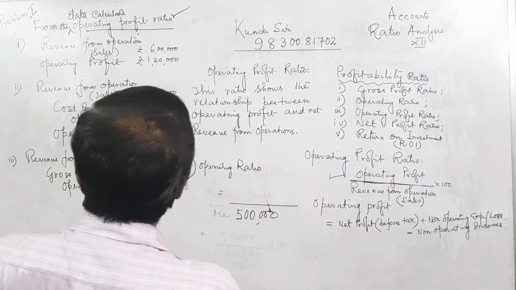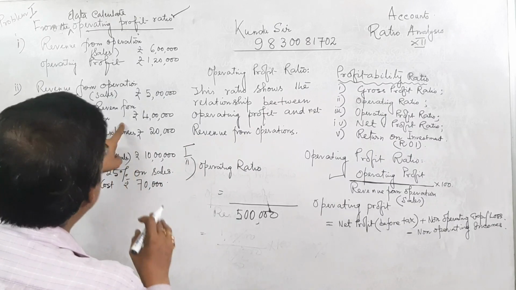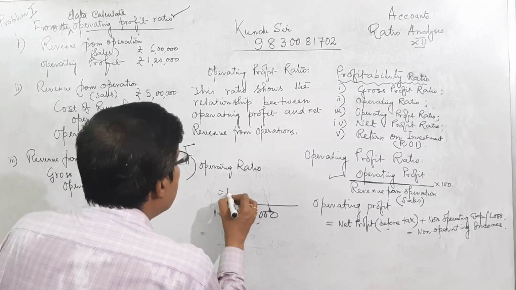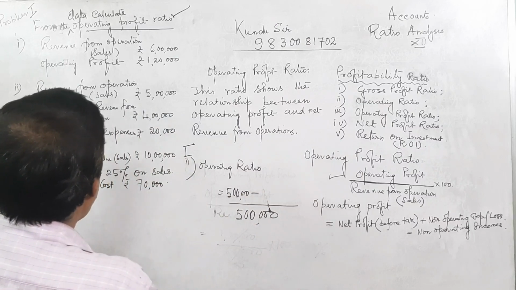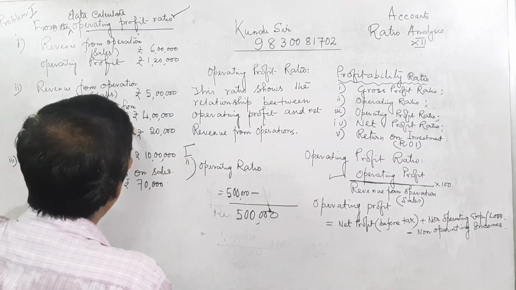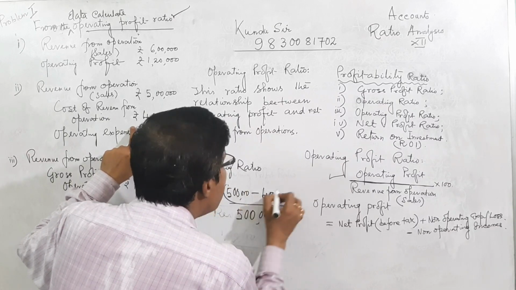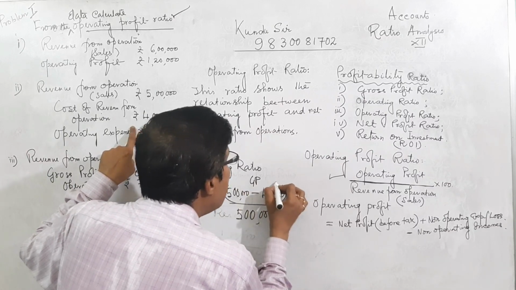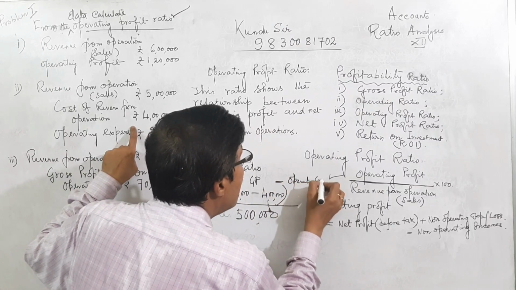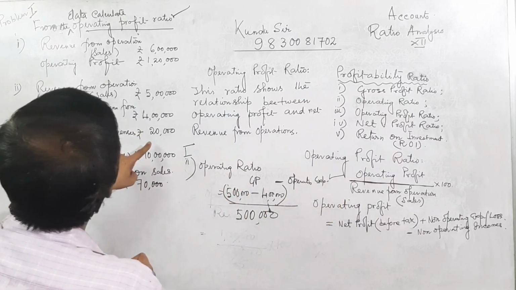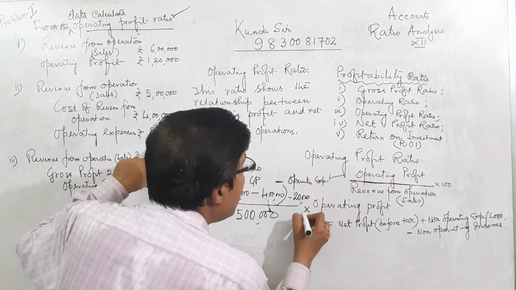First, you take 5 lakhs as revenue from operation minus cost of revenue from operation, 4 lakh. This part is called GP. Then minus operating expenses. Operating expenses is 20,000, into 100.